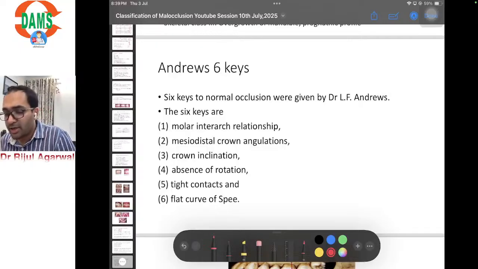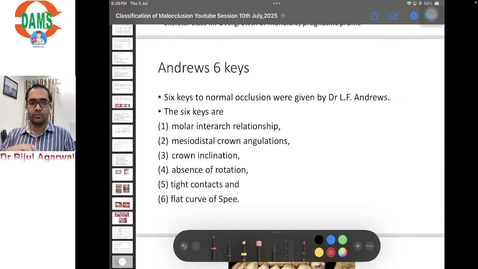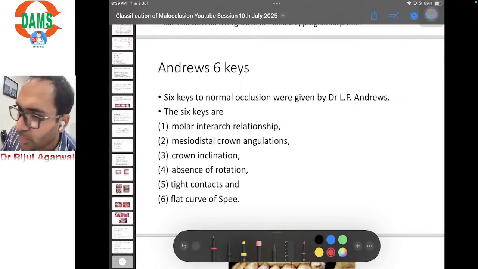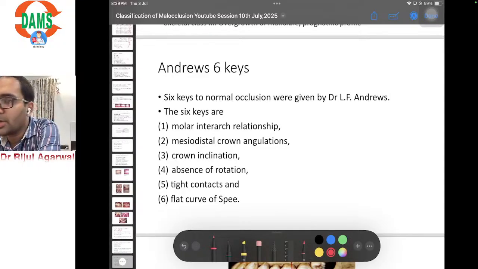Next comes Andrews' six keys of occlusion, a very important thing. Andrews' six keys to normal occlusion were given by Dr. L.F. Andrews.